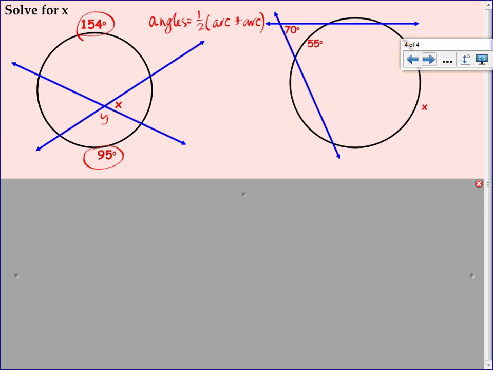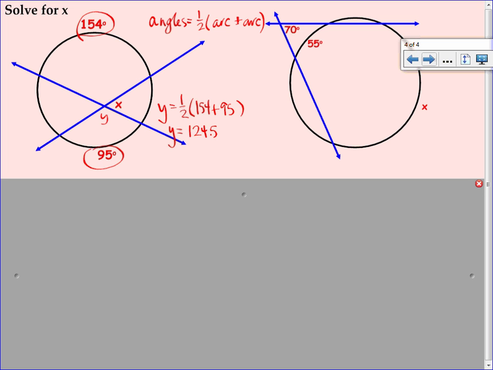So let's do that. We've got an angle, so our angle is y, 1/2. And then you told me we're going to add these arcs. What 2 arcs would we put in there? 154 and 95. So all we have to do is put that in the calculator. How big is angle y? Okay, but that's not the answer we want, but we're getting there.